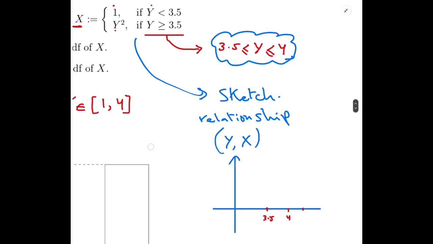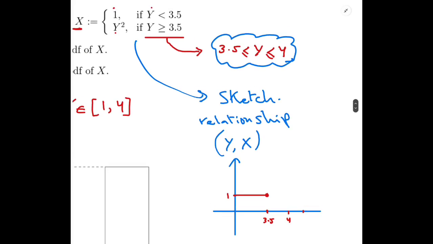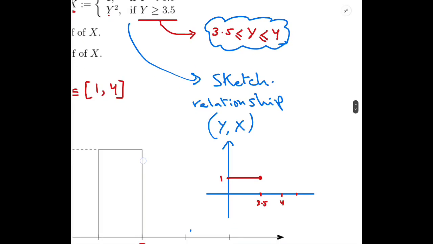So if y is less than 3.5, x is equal to 1. And if y is between 3.5 and 4, x equals y squared.